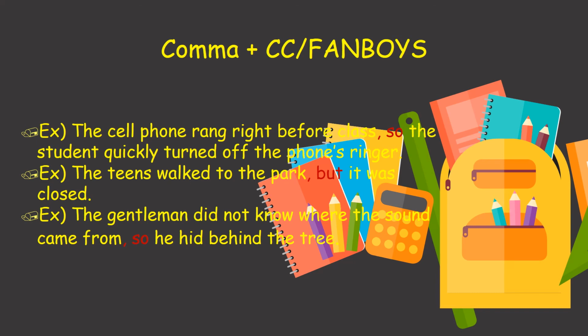The gentleman did not know where the sound came from, so he hid behind the tree. So you can see what the coordinating conjunctions are here: so, but, again, so. And also you can see before the coordinating conjunction there is a comma.